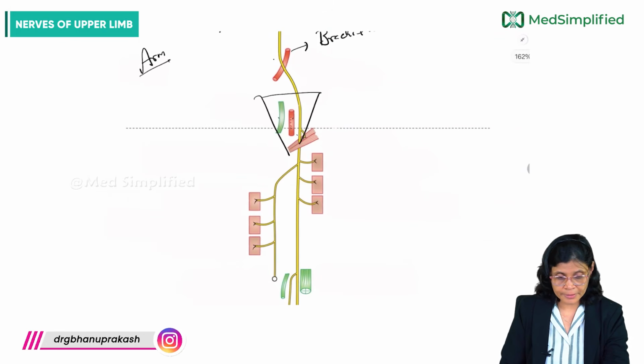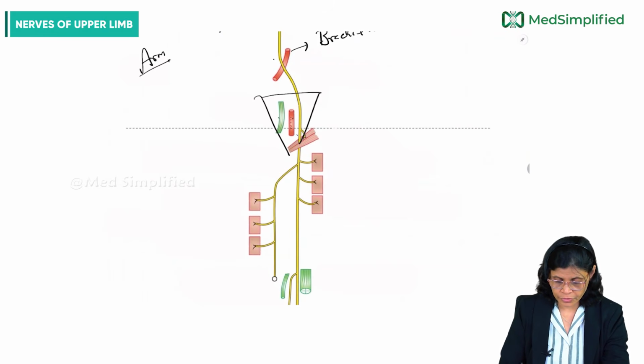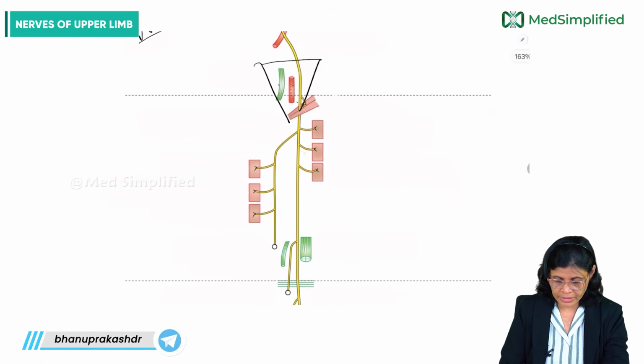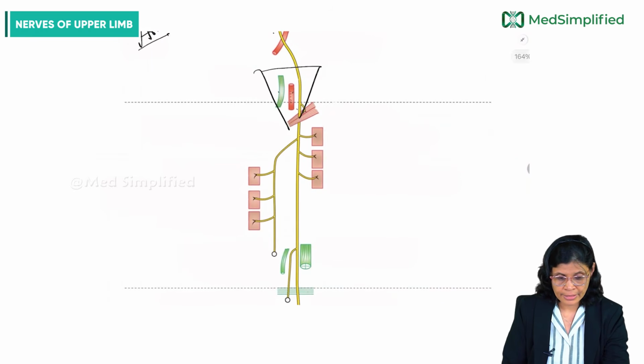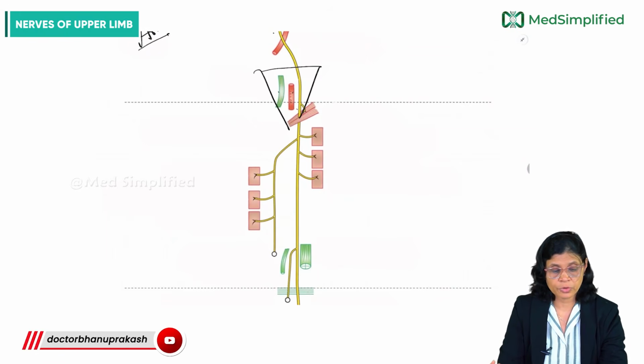Here the median nerve will give muscular branches from its medial aspect, supplying all the superficial flexors of the forearm, which includes the flexor carpi radialis, palmaris longus, and flexor digitorum superficialis.